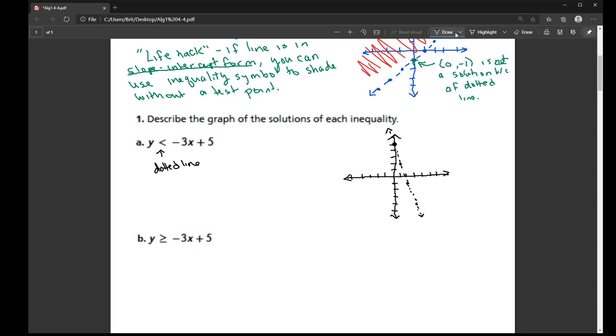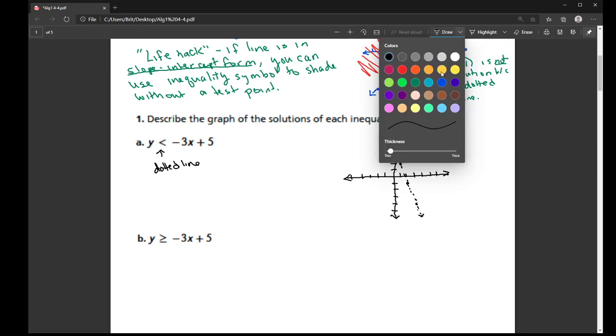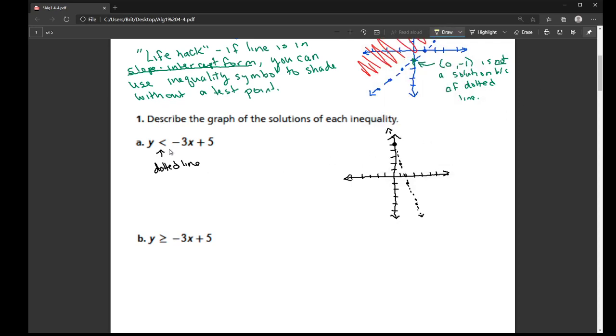And then in terms of shading, it says all the y values that are less than -3x plus 5. So we're looking for the part that's below the line. Like that.